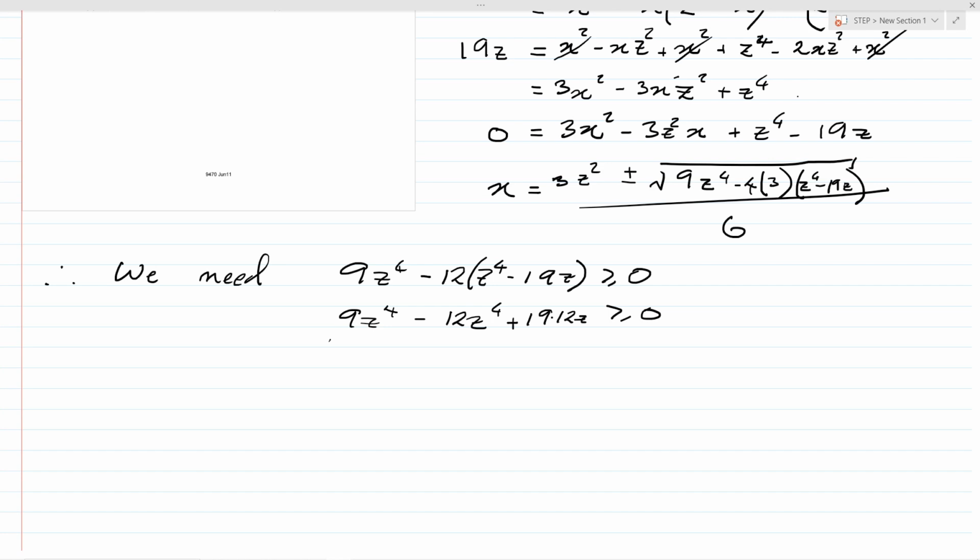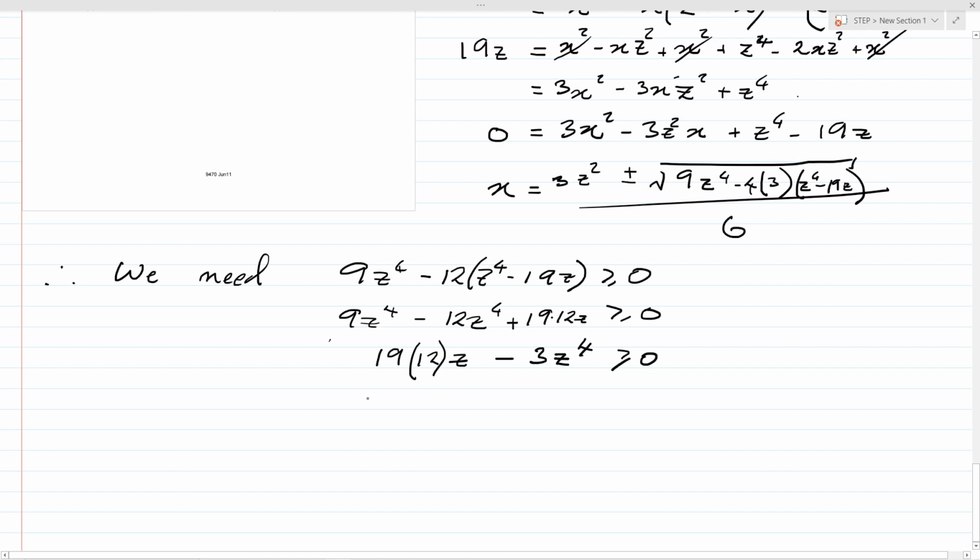So then what we're going to do next is write down the positive term first. That seems sensible. 19 times 12z. Notice I don't bother multiplying it out for now, because it might not be useful. And that's going to then have this term here, subtract 3z to the 4, greater or equal to 0.